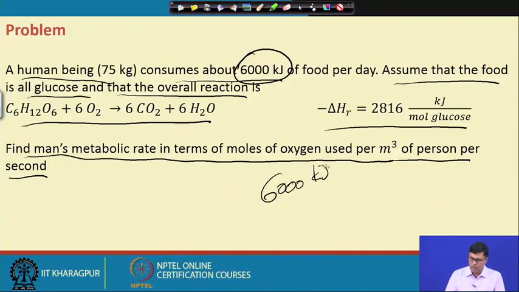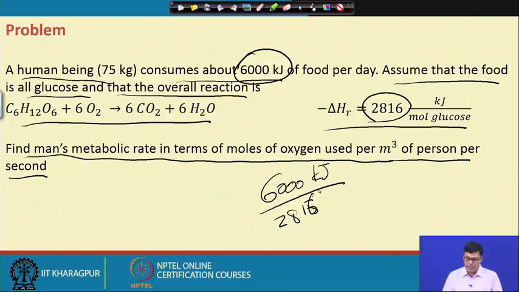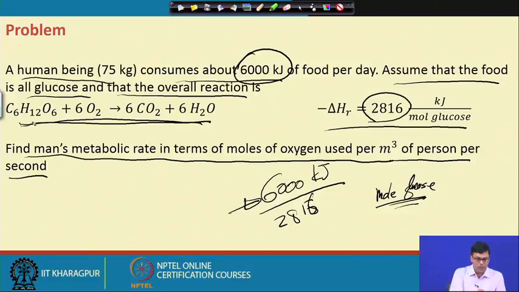Am I right? Now, the heat of reaction of glucose is 2816. If we divide by that, we can find out for consuming this much energy how many moles of glucose are required. Once we know the moles of glucose, from this reaction, for 1 mole of glucose you require 6 moles of oxygen.